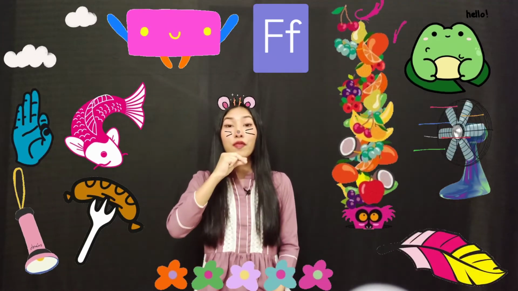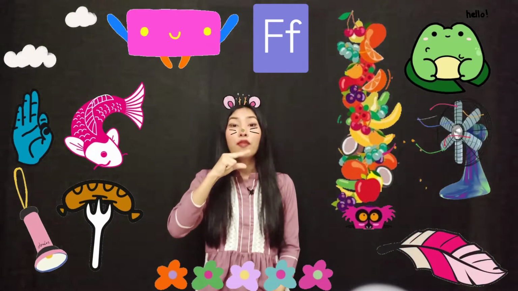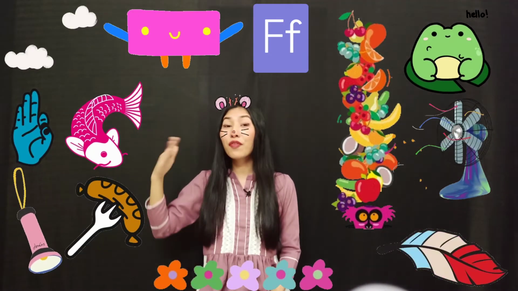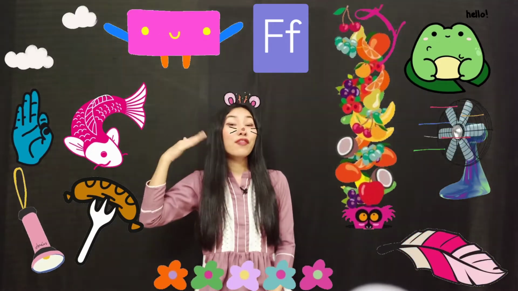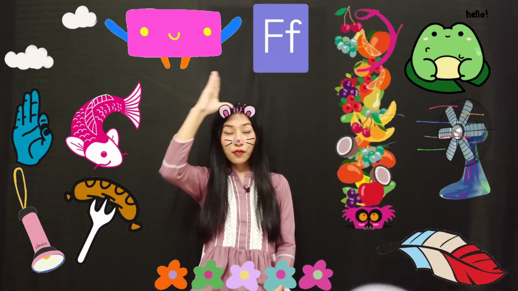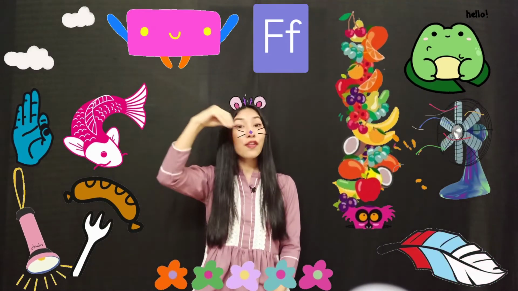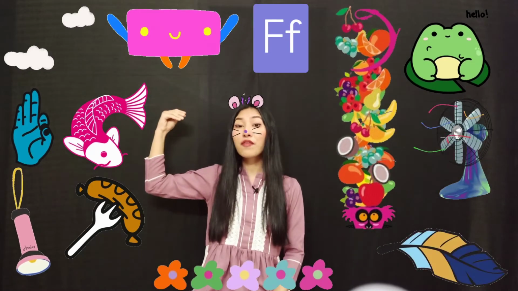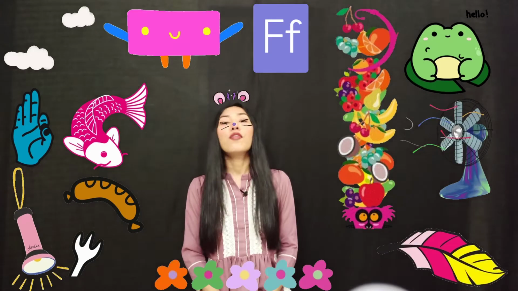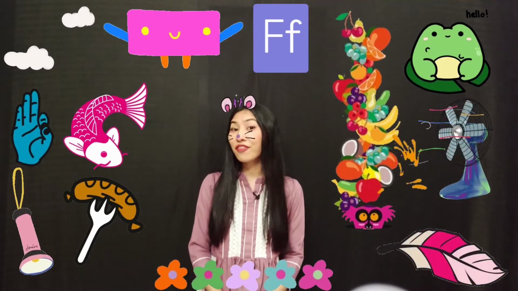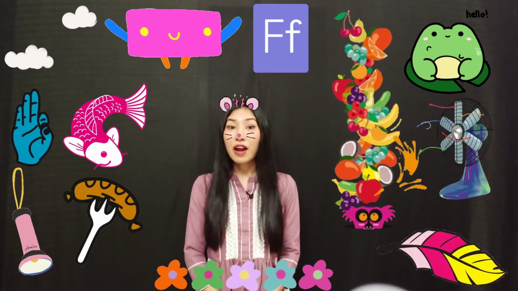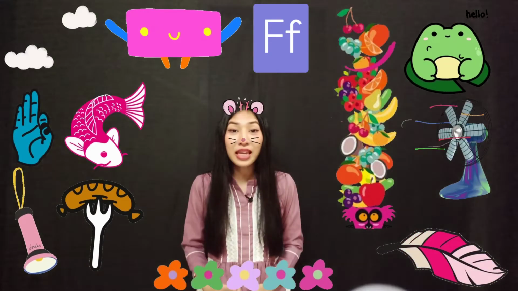F is for frog, frog, frog. F is for fan, fan. F is for feather, feather, feather. F is for F. Very good. You have all learned the letter F very well, and I'm so happy.